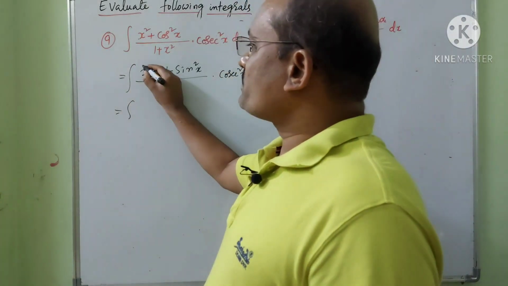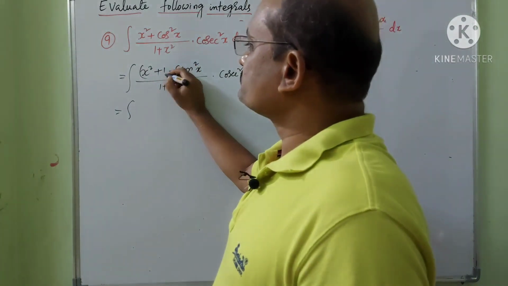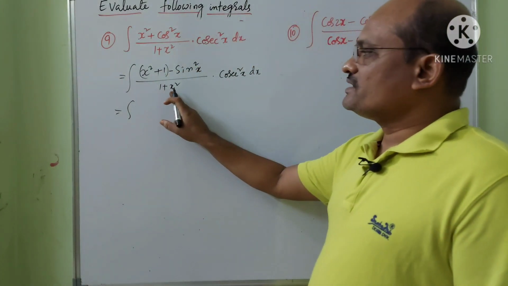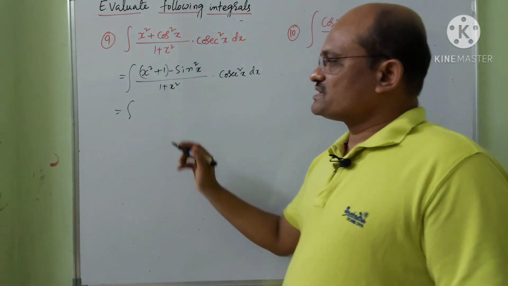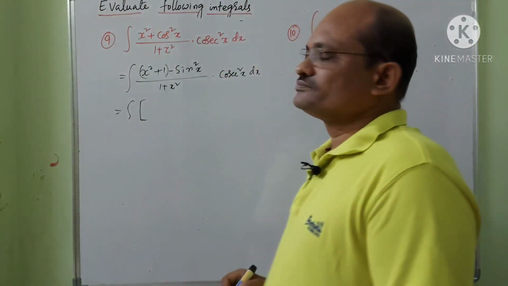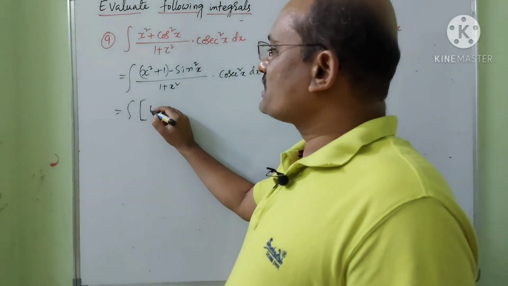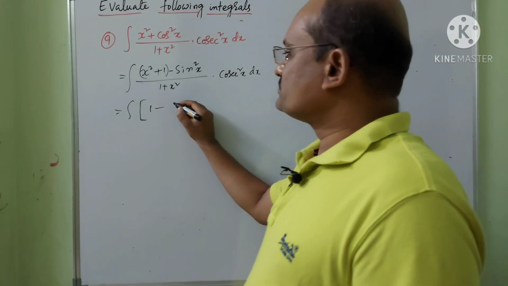Now take x square plus 1 as a single term. Write denominator for both terms separately. You will get x square plus 1 by 1 plus x square gets cancelled. You will get 1.